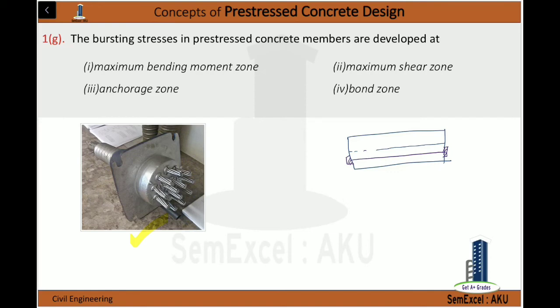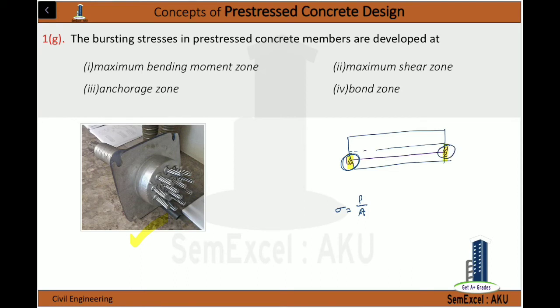Now see, the holding will occur only in the small area, this area. And what is the stress? Stress is equal to P by A. Here area is small, so there will be maximum stress at the anchorage zone. Wherever there is an anchor, we have a maximum stress here.